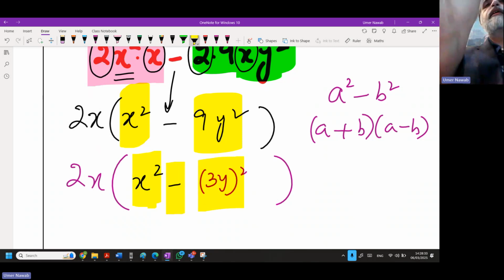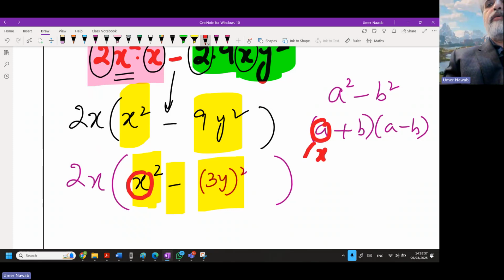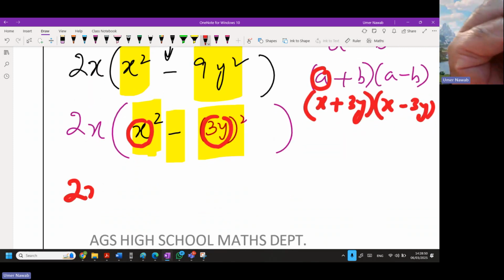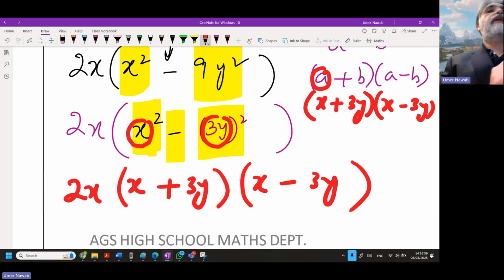The answer is yes. What is a in this case? The a is x here. So I'm going to write x and x, and in the place of b, I have 3y. So I'm going to write 3y and 3y with plus and minus signs. So what would be the final answer? Mr. Romer, I'm going to use the difference of two squares formula. So x plus 3y and x minus 3y will be the final solution.